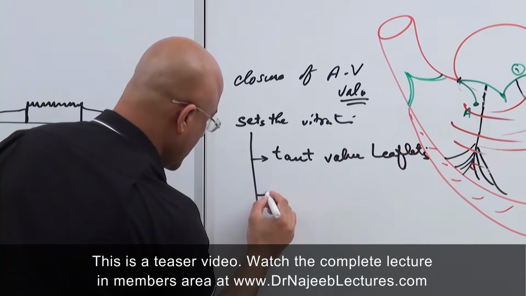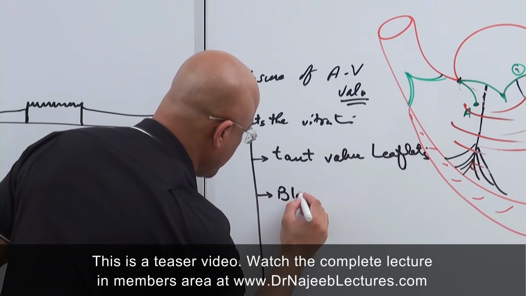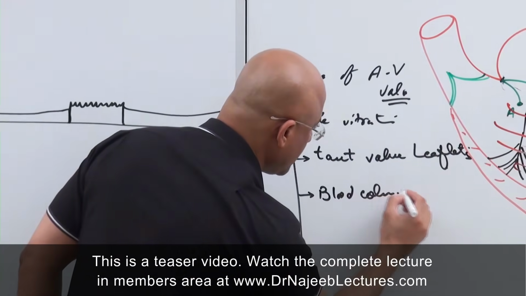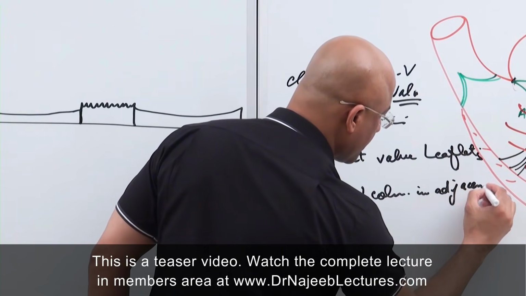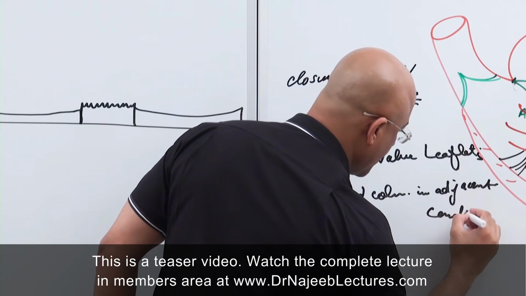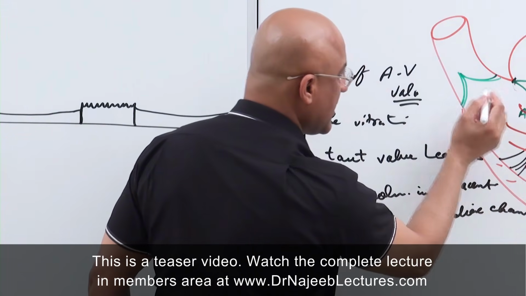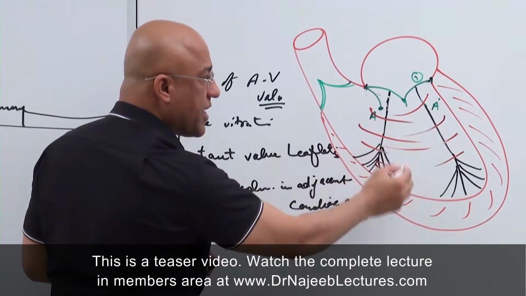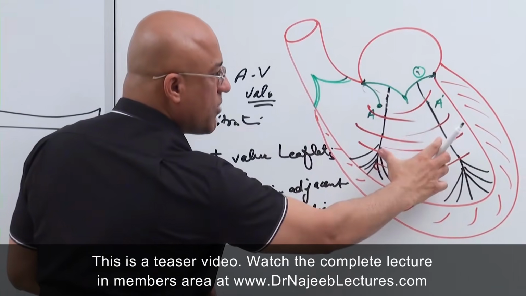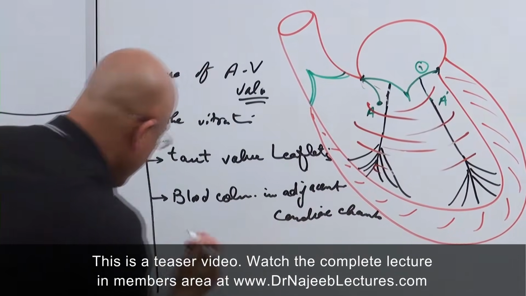Number two, blood columns in adjacent cardiac chambers. Here and there, all the blood will vibrate. But especially blood in the ventricles will vibrate more, because blood in the ventricle is tightly held.